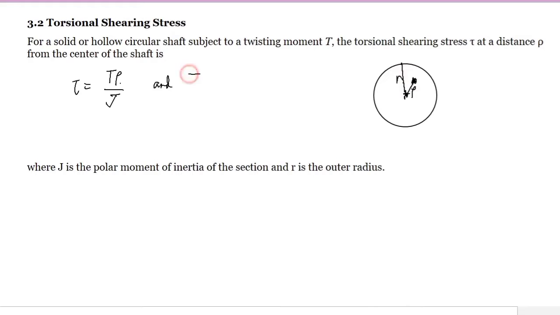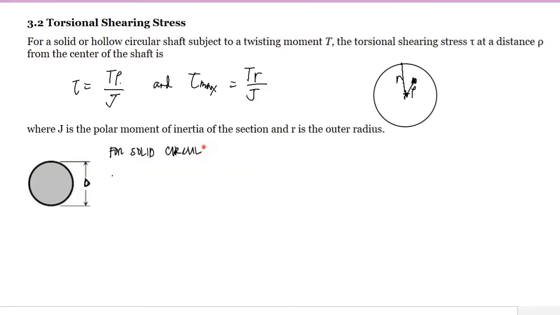So we have the maximum shearing stress is equal to the torque T multiplied by the radius over the J, wherein this J here is the polar moment of inertia of the section and R is the outer radius. Now for solid circular shaft, we have the maximum shearing stress is equal to TR over J.